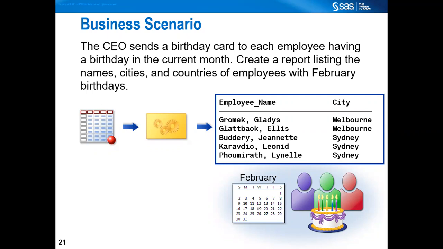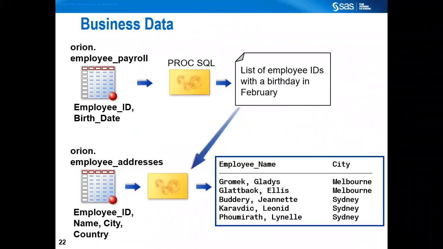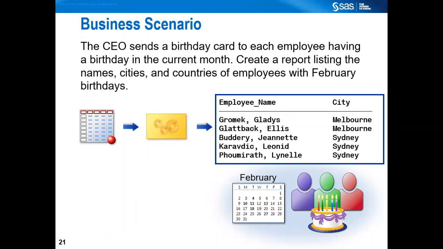And those birthday cards need to be sent to the employees' managers, because the rewards are not given directly to the employees; they are passed on to the managers, and managers then give them to the individual employee. So these are the managers and their information for whom the employees are working.